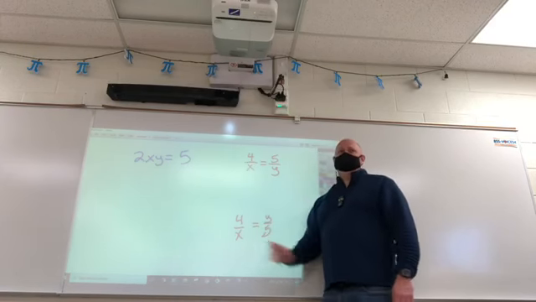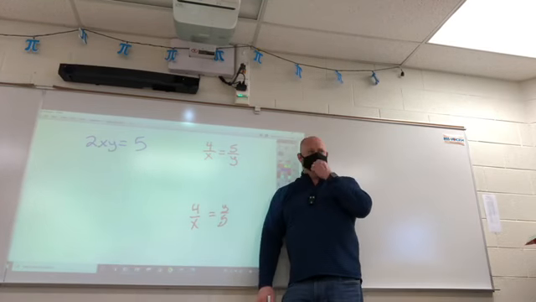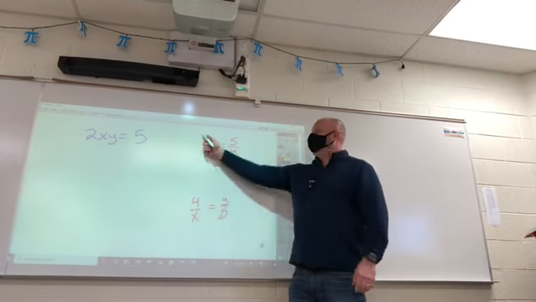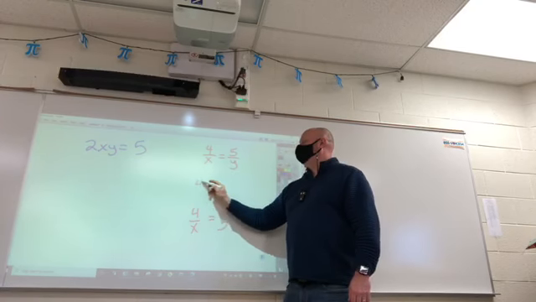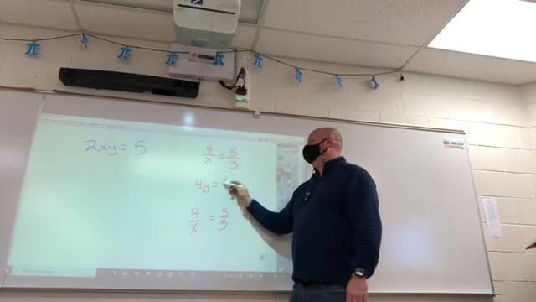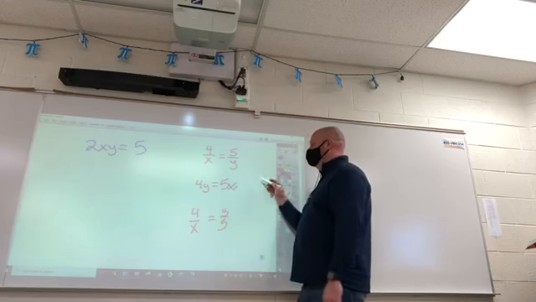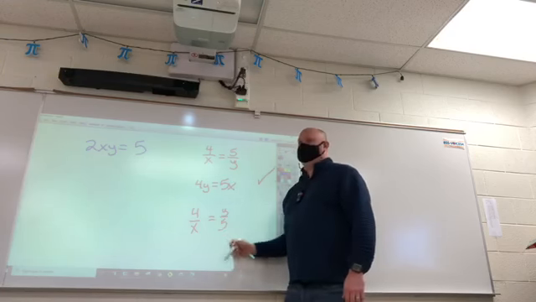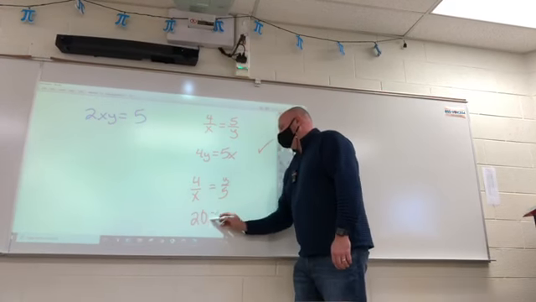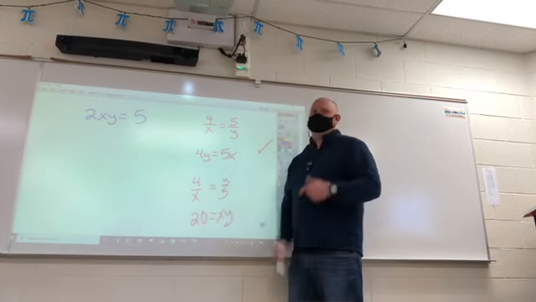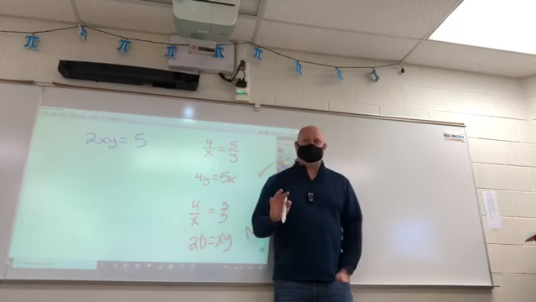One of these two is linear, one is not. Why the top one? When you butterfly, what do you get? 4y equals 5x. Are you multiplying the x and the y together? No. That one's a yes. But this one, when I butterfly, I get 20 equals x times y. Is this going to be linear? No.